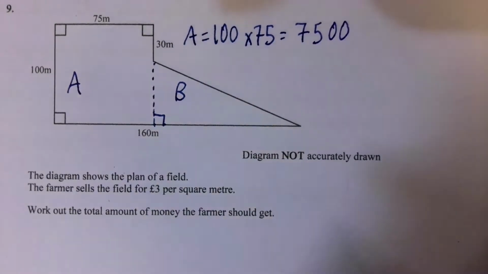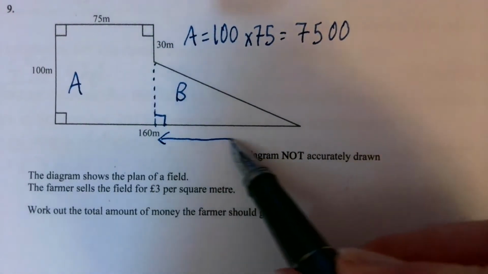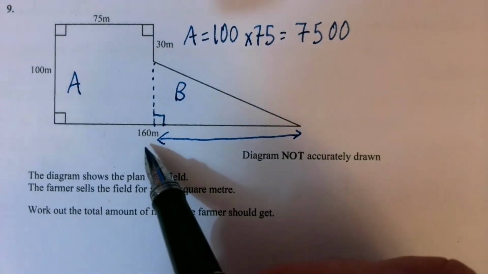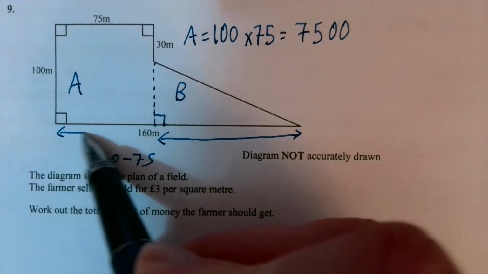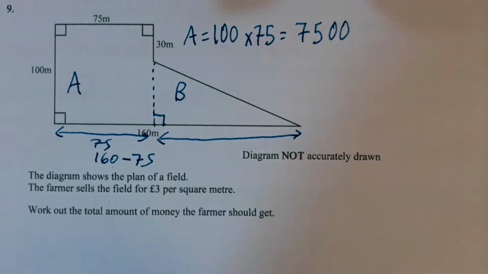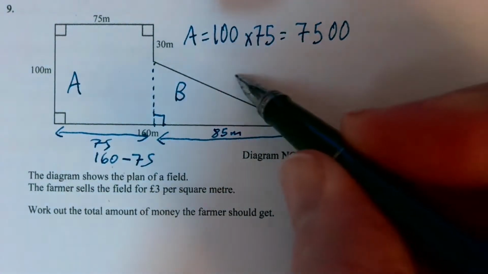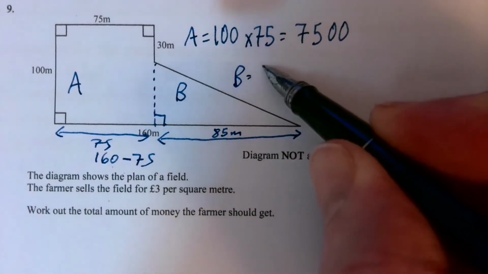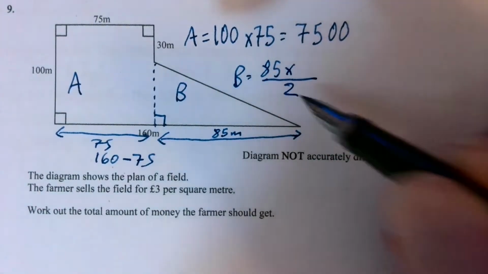That's 7,500. Now B, we need the base, which is going to be 160. Take 75, because that bit there is 75, and if we take 75 away, that leaves us with 85 meters for the base, and the area is the base times the height, all divided by 2, remember.